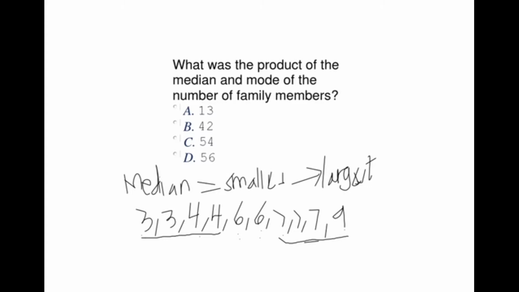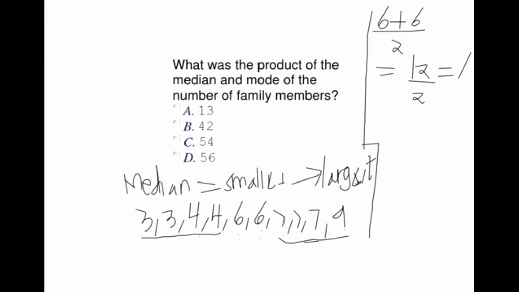Then we are going to find the average of both. So we have 6 plus 6 over 2 is 12 over 2, which gives us 6. So our median equals 6.